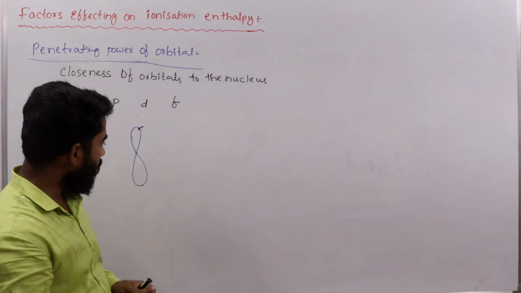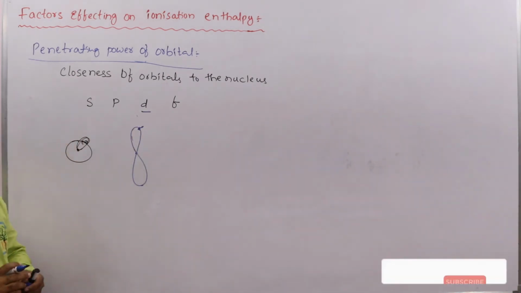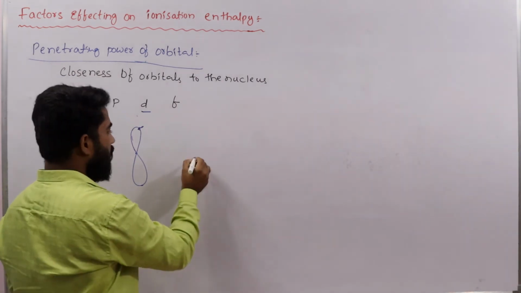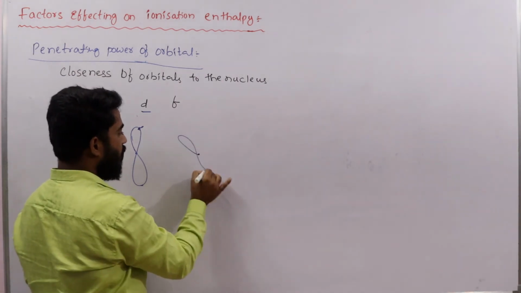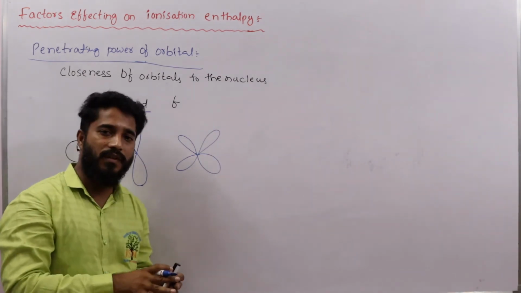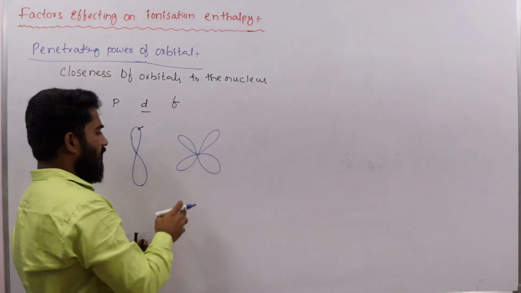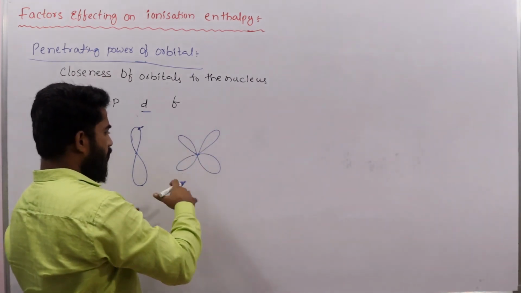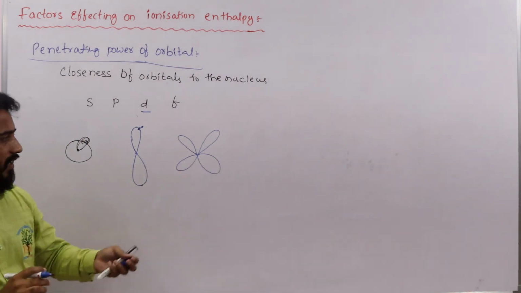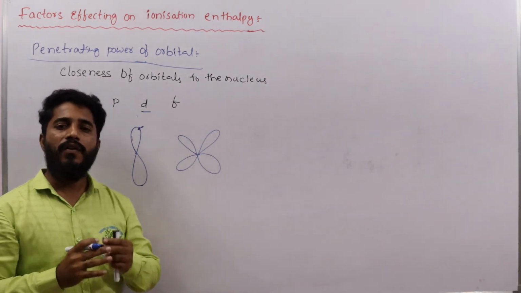If you take the d orbital, the d orbital has a four-fold shape. Here the nucleus is there. A four-fold shape means like this we are taking. Here the electron is dispersed in various directions, so it is very far away from the nucleus. The electron present in the d orbital is very far away from the nucleus.